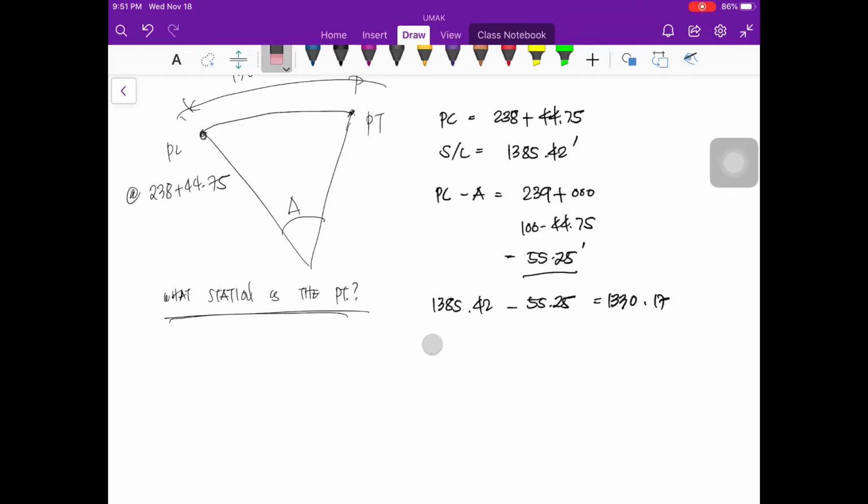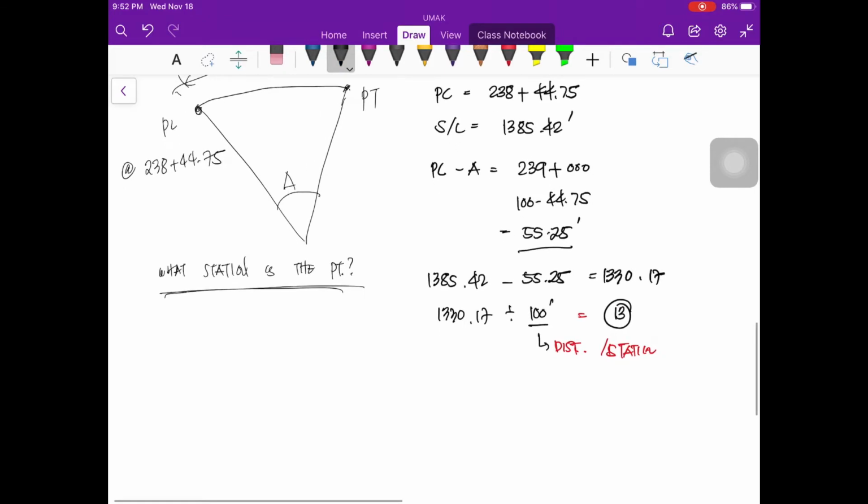The remaining length of the curve is 1330.17. So meaning to say, 1330.17 divided by 100 feet, that is the distance per station. So that's how much? 13. Okay, so 13 stations at a length of 100 feet.